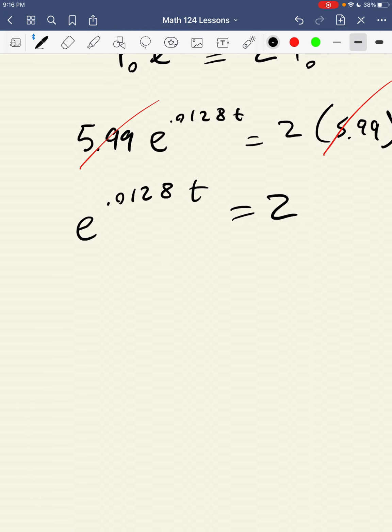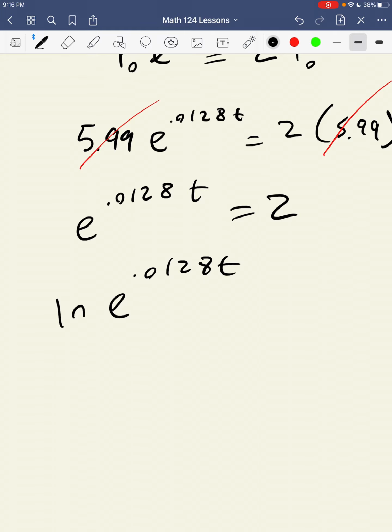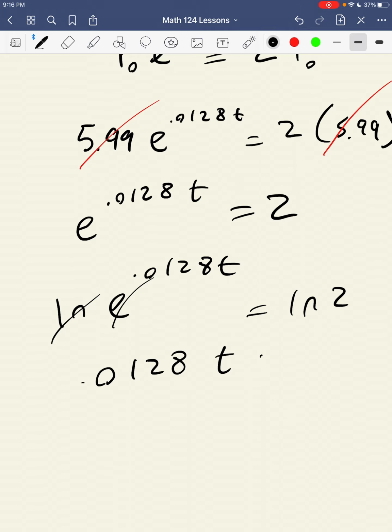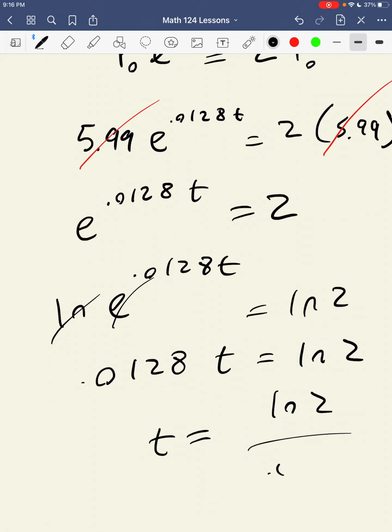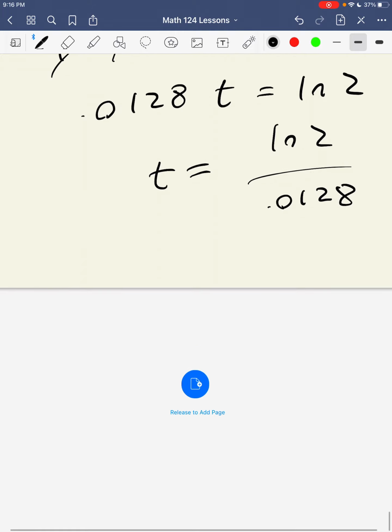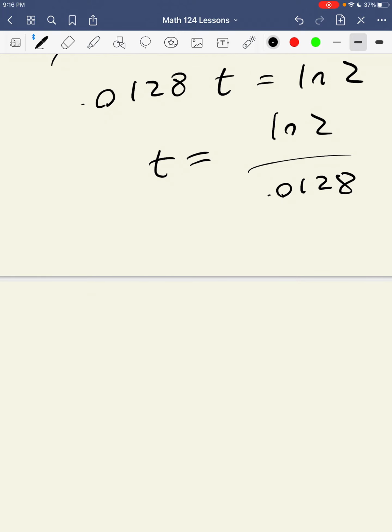Okay, we take the log of both sides. These logs cancel and we get 0.0128t equals log 2. So t will equal log 2 over 0.0128. Okay, and that is about 54.2 years. So in 54.2 years, the population will double.